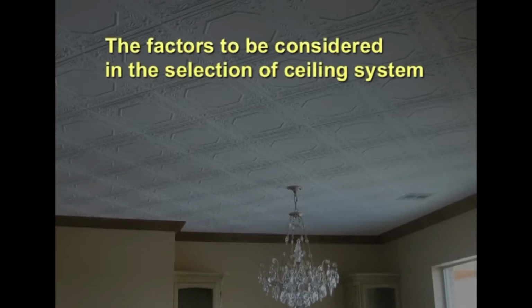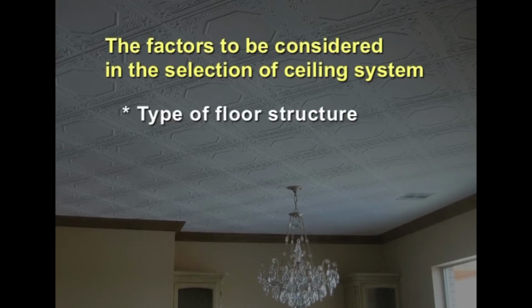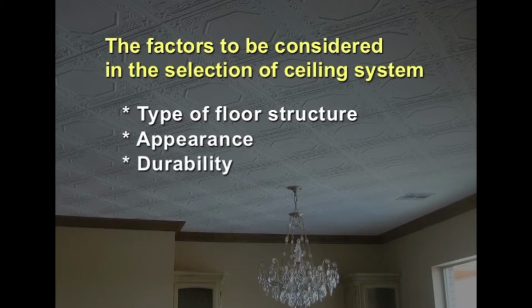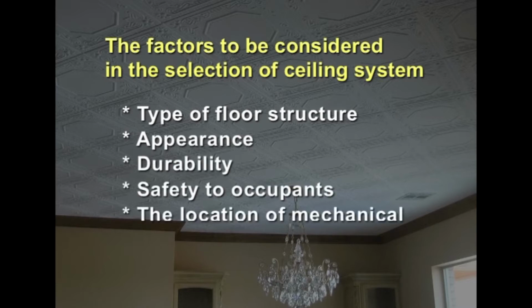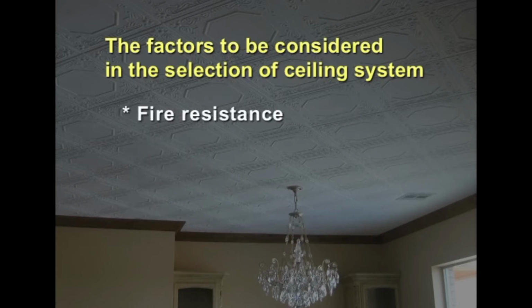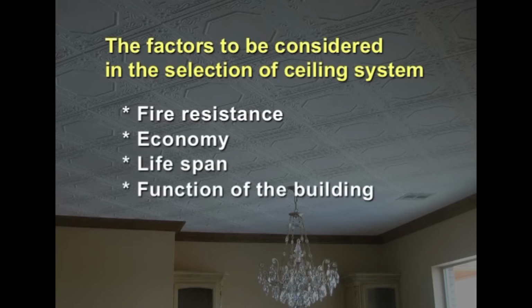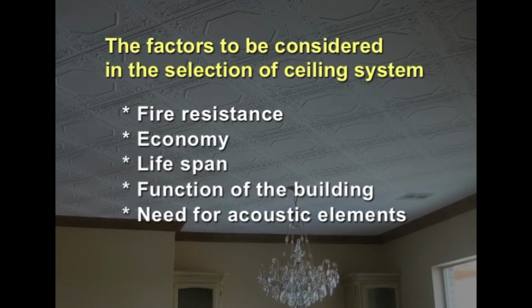The factors to be considered in the selection of ceiling system: the first one is type of floor structure, appearance, durability, safety to occupants, the location of mechanical services or equipment, fire resistance, economy, lifespan, function of the building, need for acoustic elements.